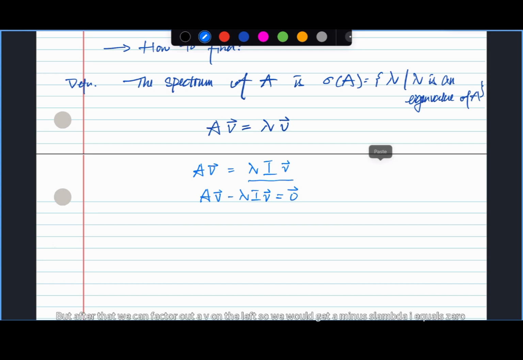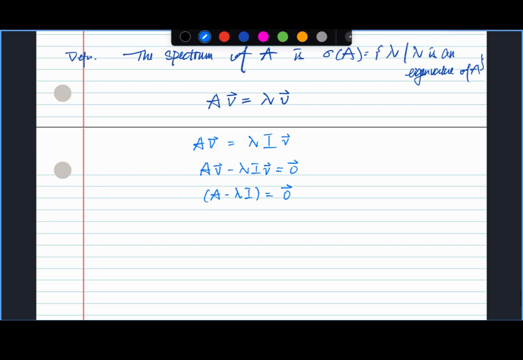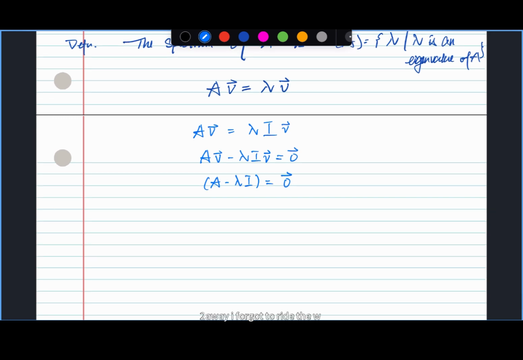After that, we can factor out a v on the right, so we would get (A minus lambda I) v equals 0. Wait, I forgot to write the v.